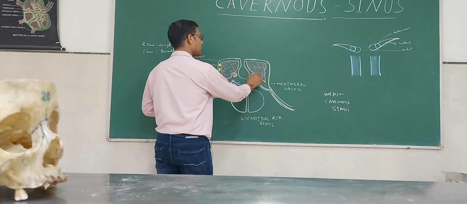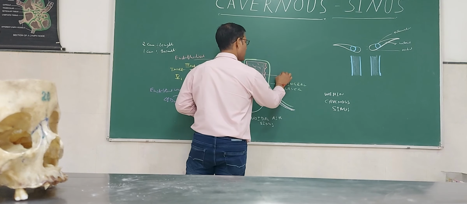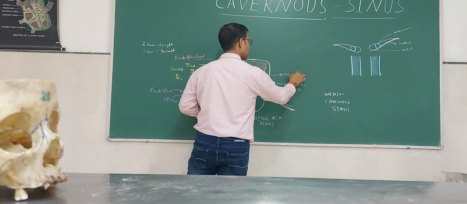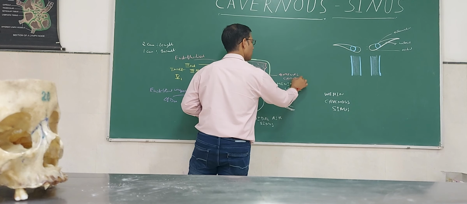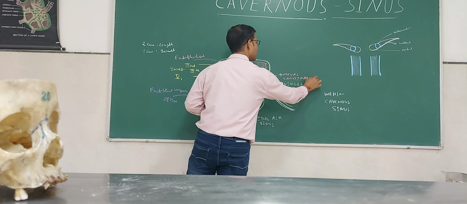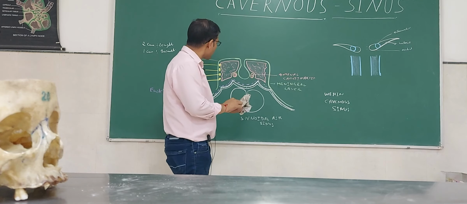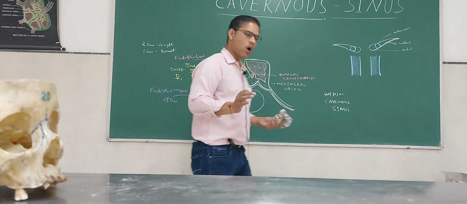You can show the plexus by the yellow color or by dots.